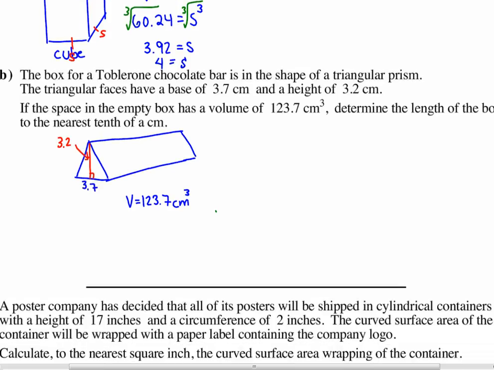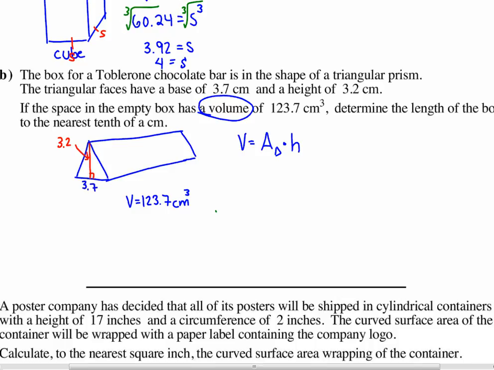Okay, so first thing they give me is a triangular prism, right? Would you agree it's a triangular prism? It is a prism. What is the formula for volume of a triangular prism? So the area of the triangle times the height. Which variable here are we looking for in the formula?